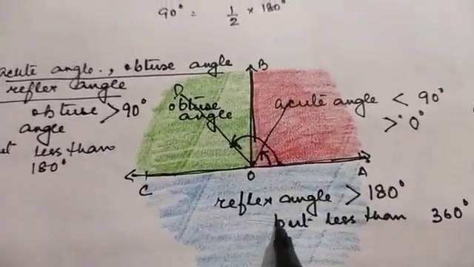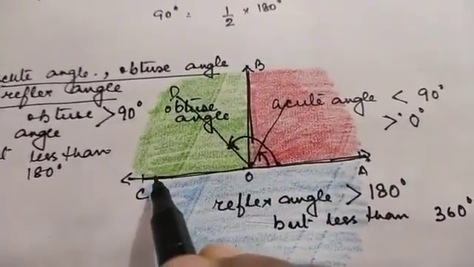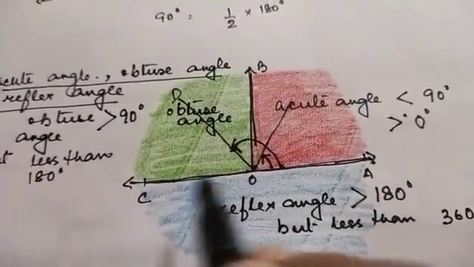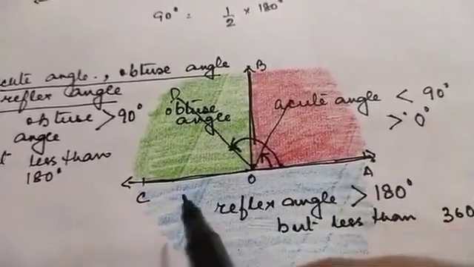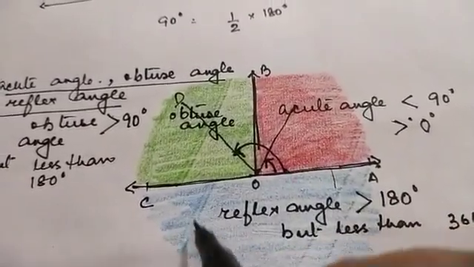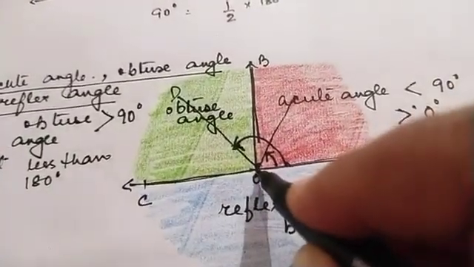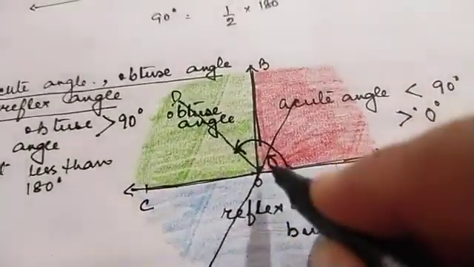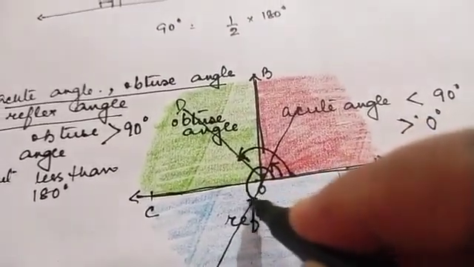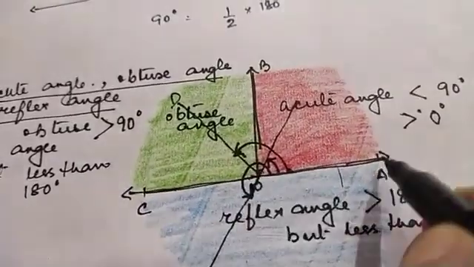Come to this blue region. In this blue region you will see that it is between 180 degree and 360 degree. So all the angles that lie between 180 and 360 degree are reflex angles. Take any line over here and the angle that is formed from here till here, because the initial arm is OA.